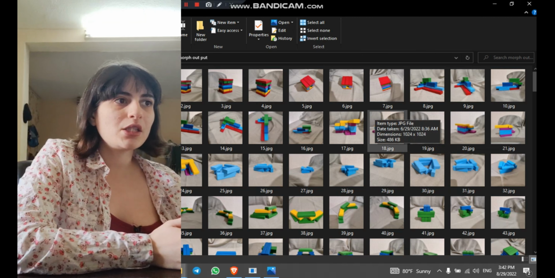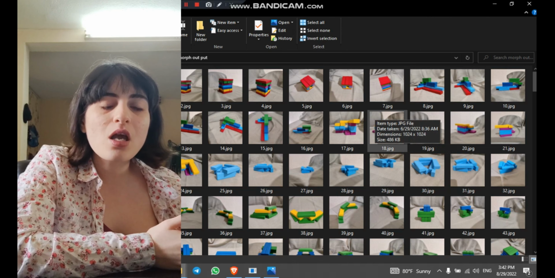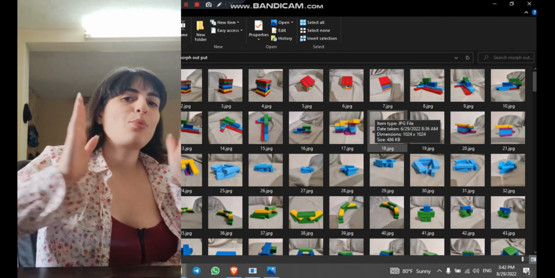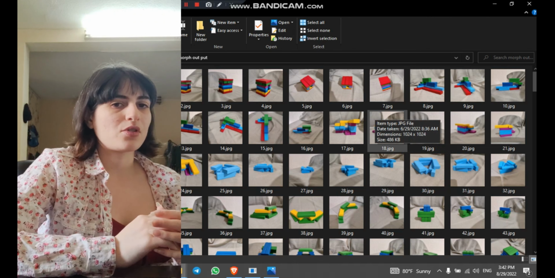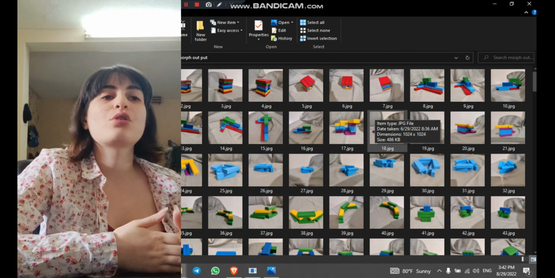But in the other project, which was just about a facade, I just took a picture of each facade, and it really depends on your goals.